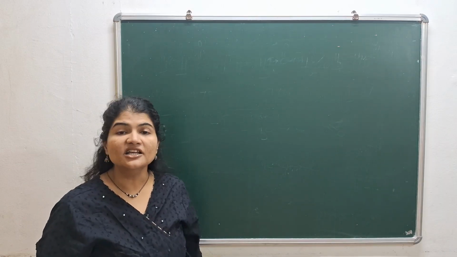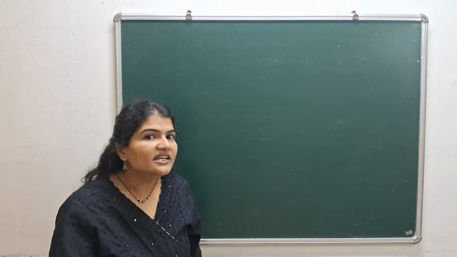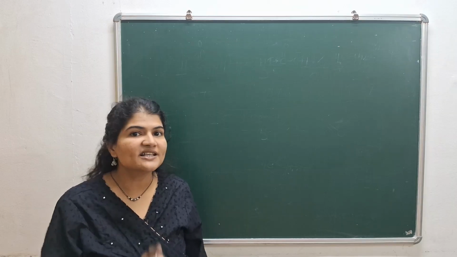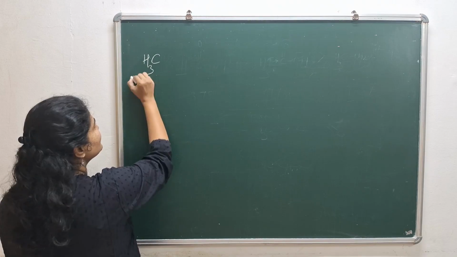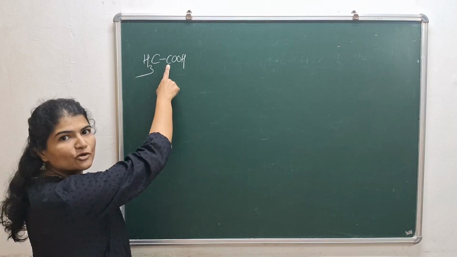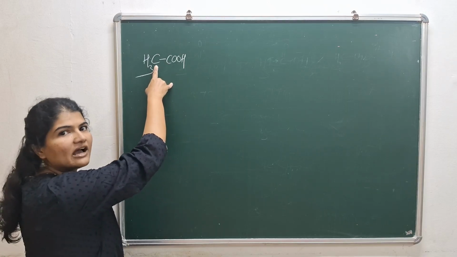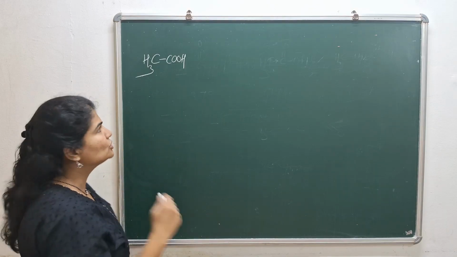Now let us study what will happen when electron withdrawing groups, the negative inductive effect exerting groups, are attached on the alpha carbon. Let us take an example of acetic acid, CH3COOH. Now you know this is the carbonyl carbon and this is going to be our alpha carbon. I am going to substitute the alpha carbon with halogens.